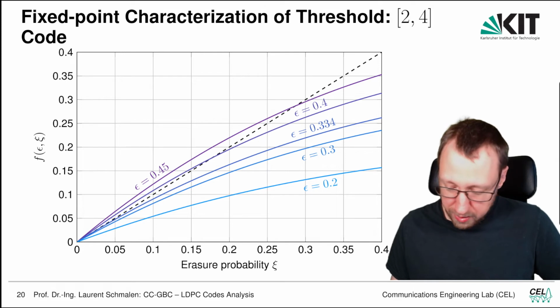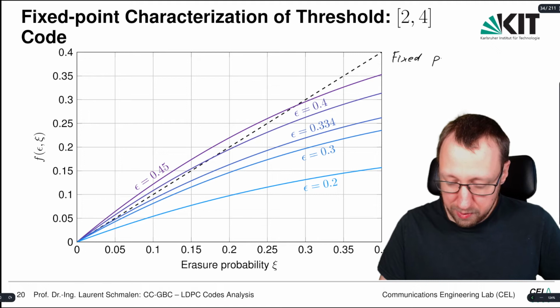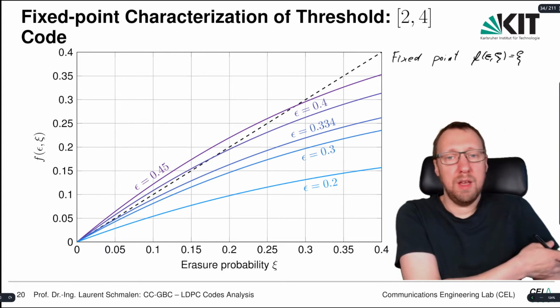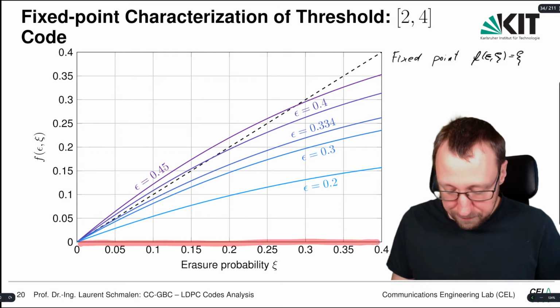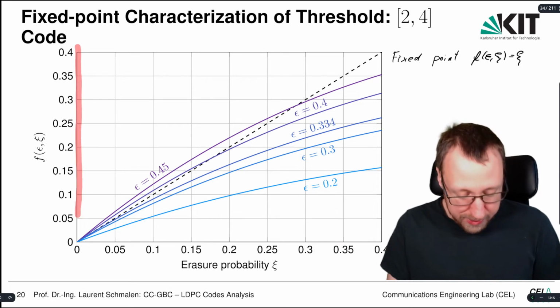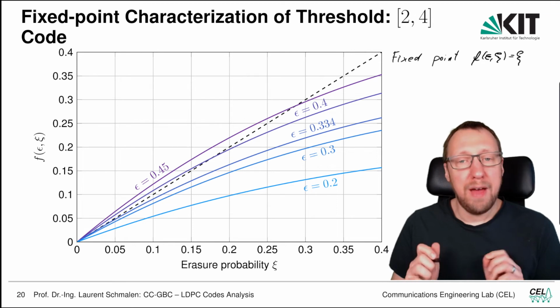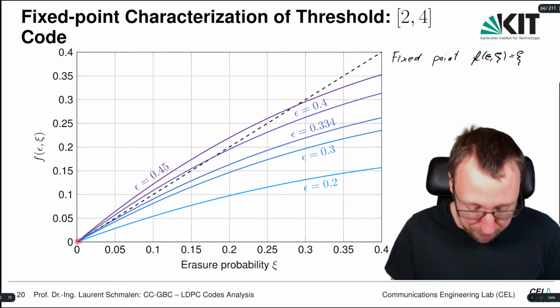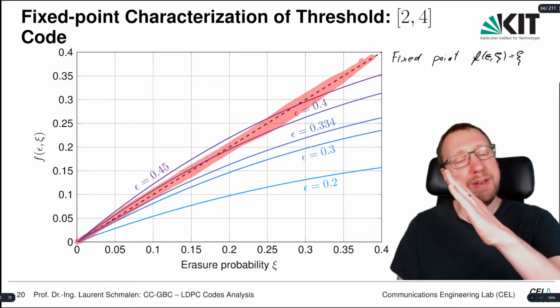Threshold or fixed point means f of epsilon, xi is equal to xi. So we plot xi and we plot f of epsilon, xi. We see that there is a fixed point at 0, but we are not interested in that one. If f of epsilon, xi equals xi, it means that this function f of epsilon, xi crosses the 45-degree diagonal.